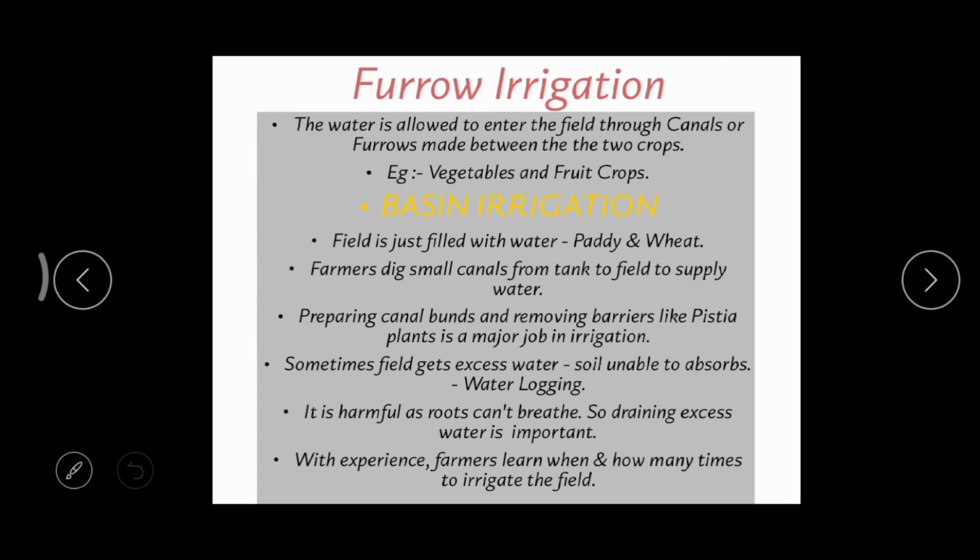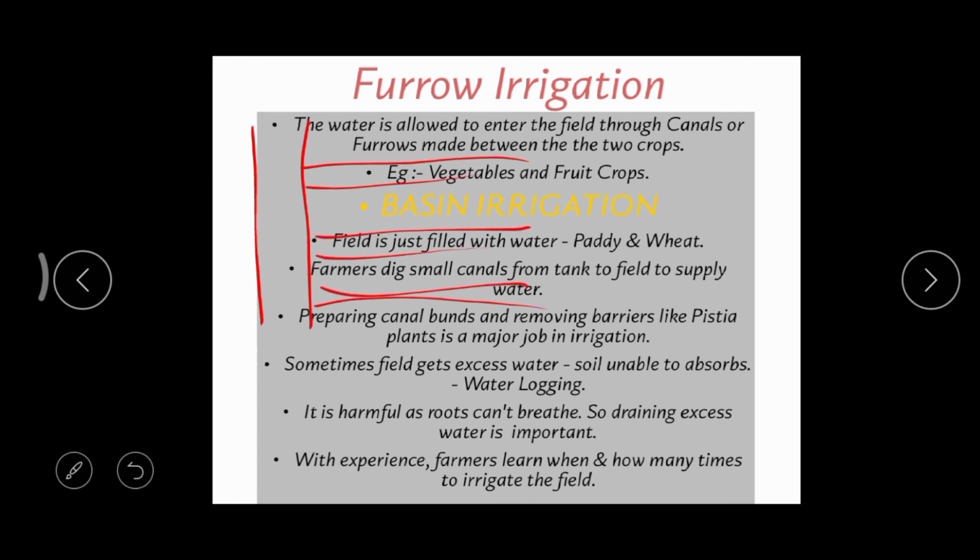Now these furrows are connected to this irrigation canal. Here we can find furrows like this. From here they supply the water to this first furrow. Once it is completely filled, they close here and open this one, so that the water comes into this.